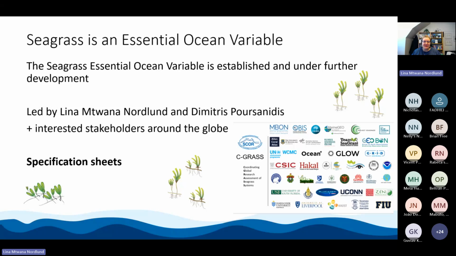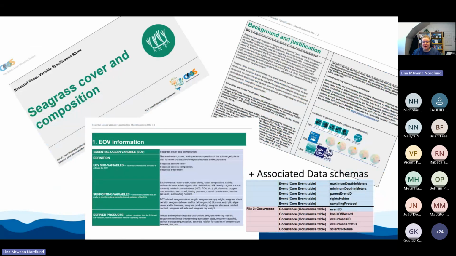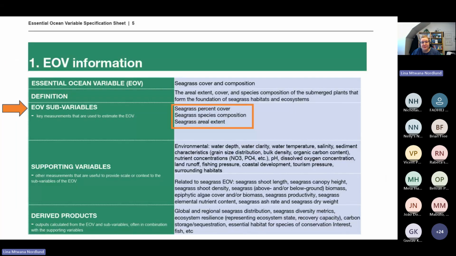As I said, these specification sheets are almost like recipes. They describe the EOV, the background, the justification. And here, with the arrow, you can see the EOV subvariables. These are the key measurements that make up the essential ocean variable.